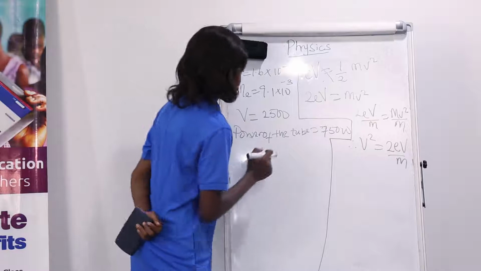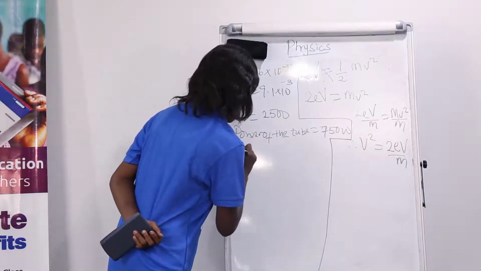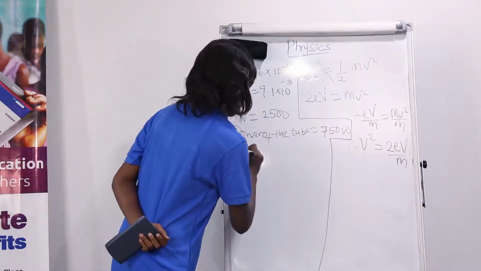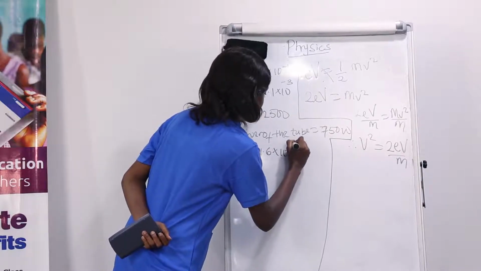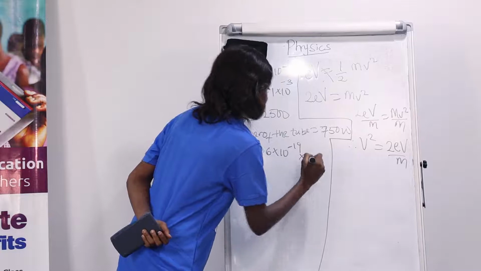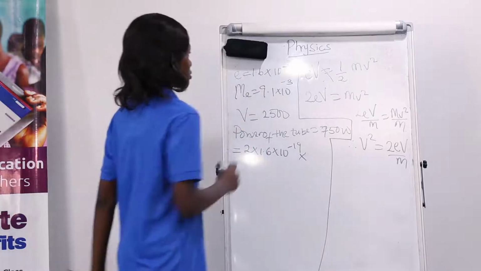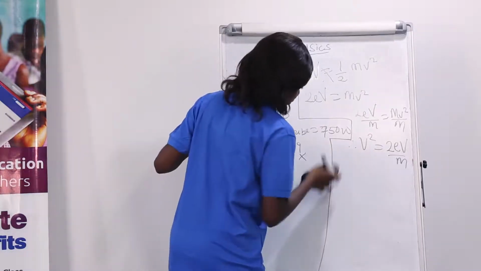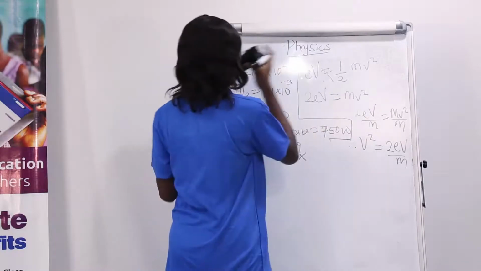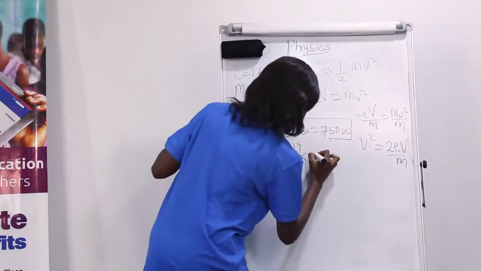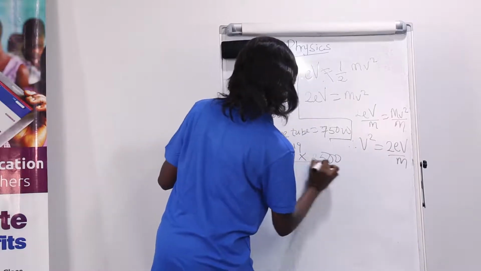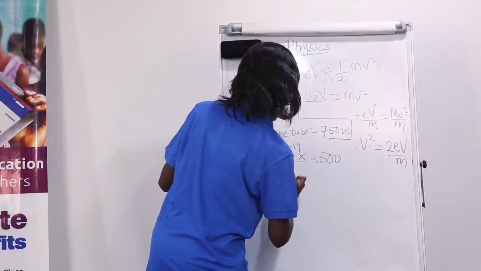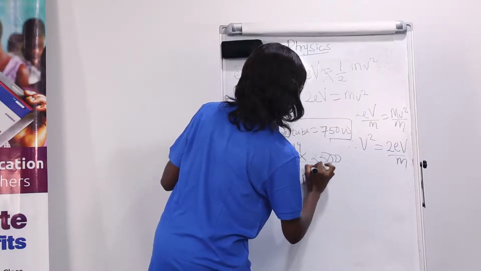So bringing it here now, we know that our speed is equal to 2 times 1.6 times 10 raised to the power minus 19 times V, and our V is equal to 2005 divided by our m, which is 9.1 times 10 raised to the power minus 3.